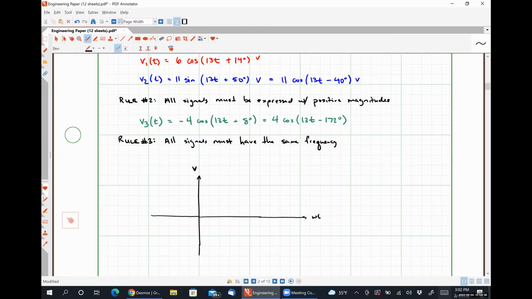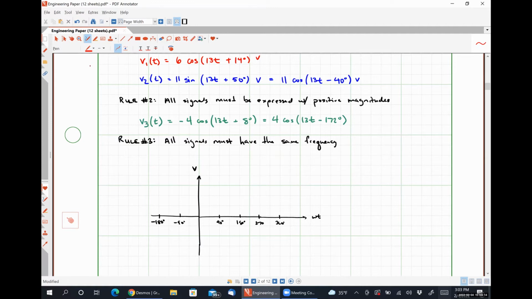I'm going to call this omega t so that I can say that this is 90 degrees, 180 degrees, 270 degrees, 360 degrees, etc. And I could do the same thing on the other side, negative 90, negative 180, etc. Okay. So signal V1 has a positive phase angle of 14 degrees.